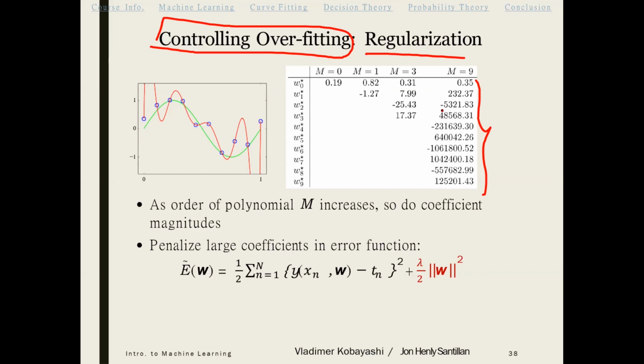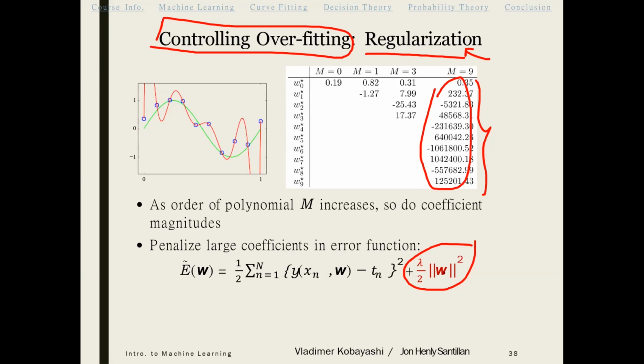Kung alisin natin yung negative, lumalaki siya. And this is actually an indication na nag-overfit siya kung masyadong malalaki na yung mga coefficients. So, what regularization tries to do is to come up with a penalty function that will penalize large coefficients. So, ibig sabihin, maglalagay tayo ng penalty kung masyadong malaki yung coefficients. And this is the purpose of this quantity here.